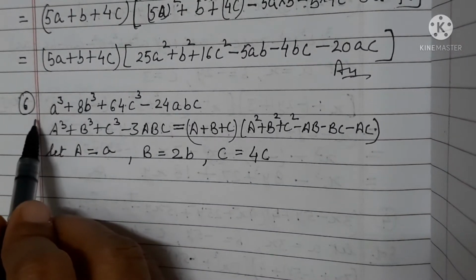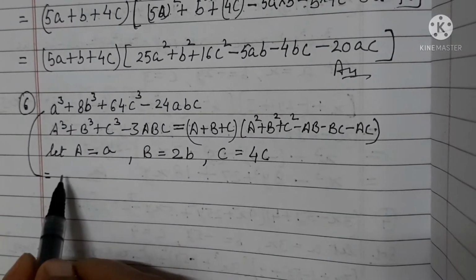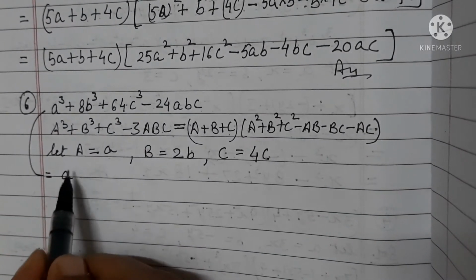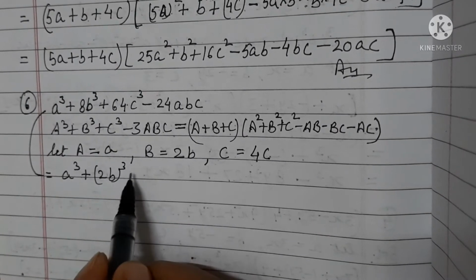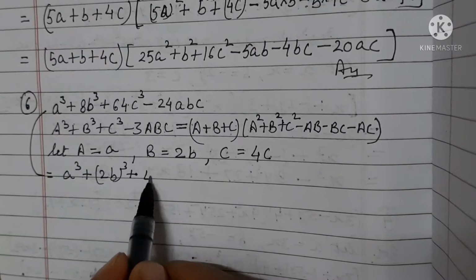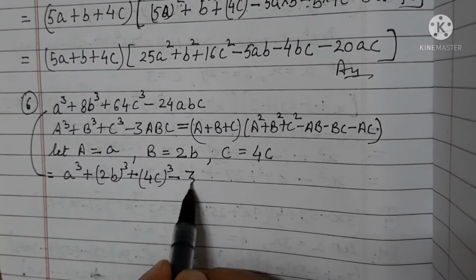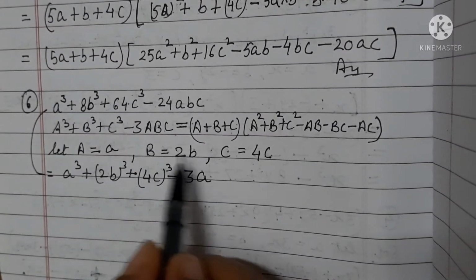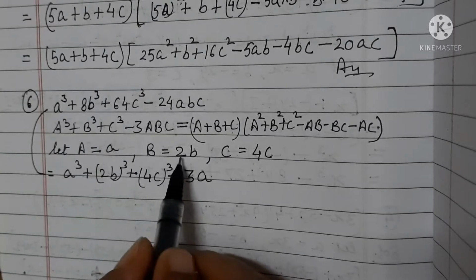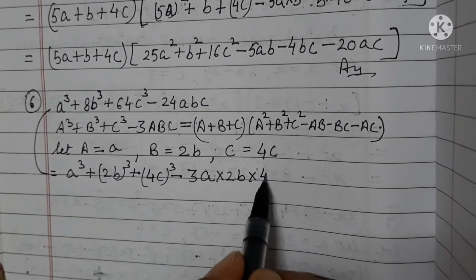Now you can write this expression is equal to a cube plus 2b whole cube plus 4c whole cube minus 3abc. Small a, b means 2b and c means 4c.